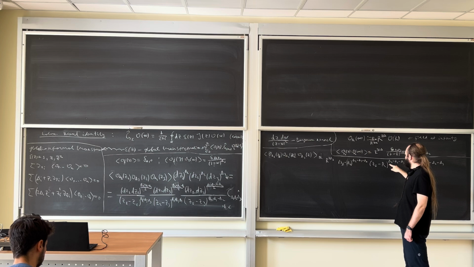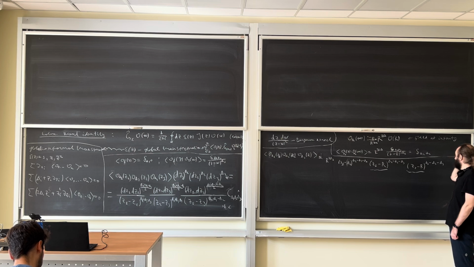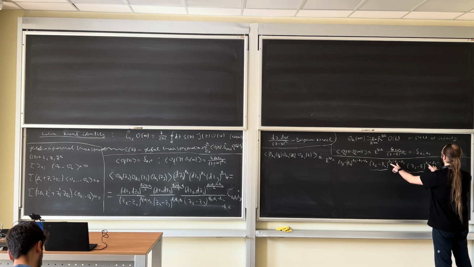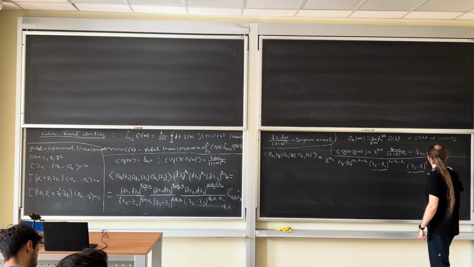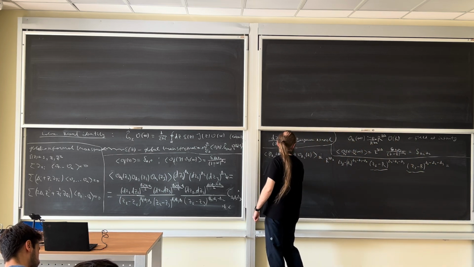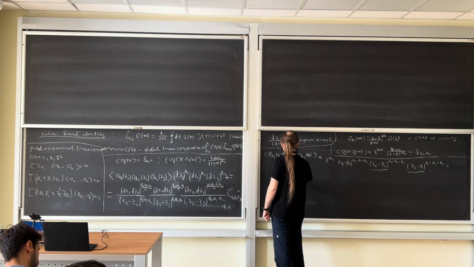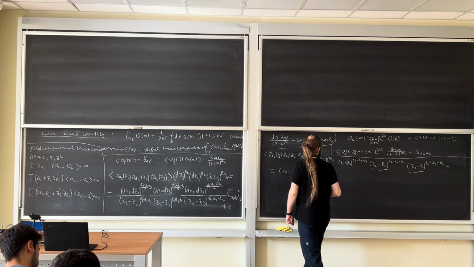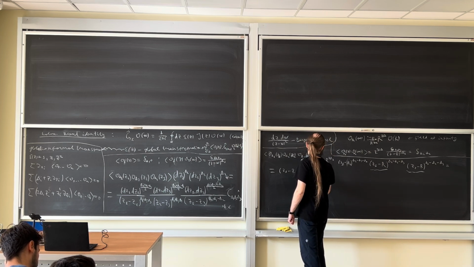Again, when you take these two terms, delta 1, delta 2 cancel. The r to the power 2 delta 3 cancels this. So after all, at infinity it is (z1 minus z2) to the power delta 3 minus delta 1 minus delta 2.